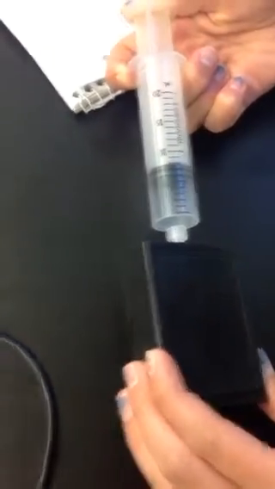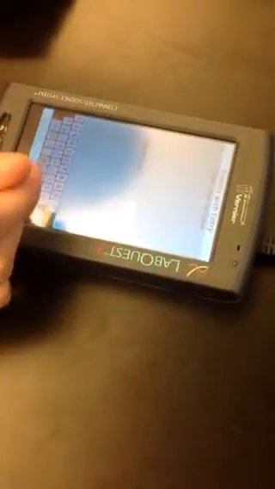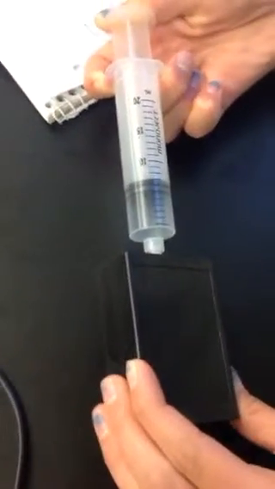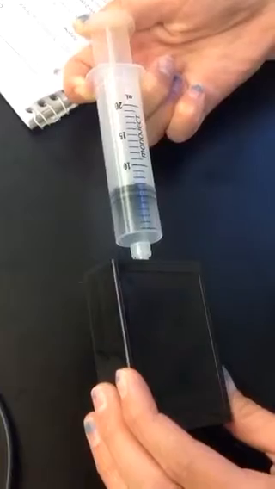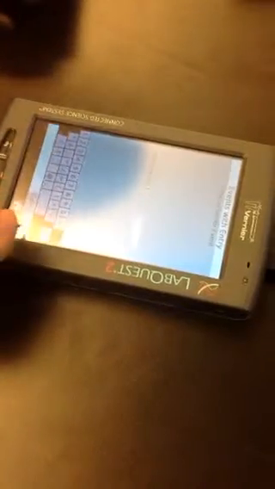Six. And actually, as you're pushing the syringe in, what are you feeling happen? Oh, there's a lot more pressure to it. And you can see the graph starting to take shape there.